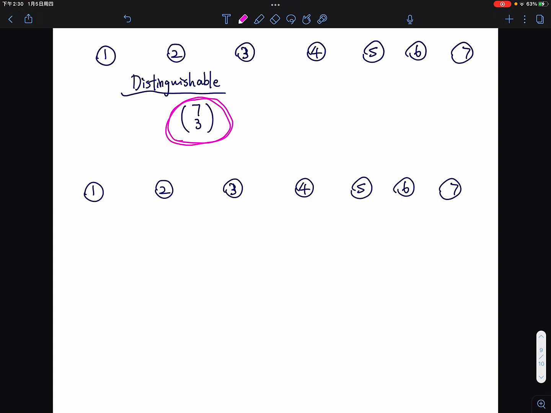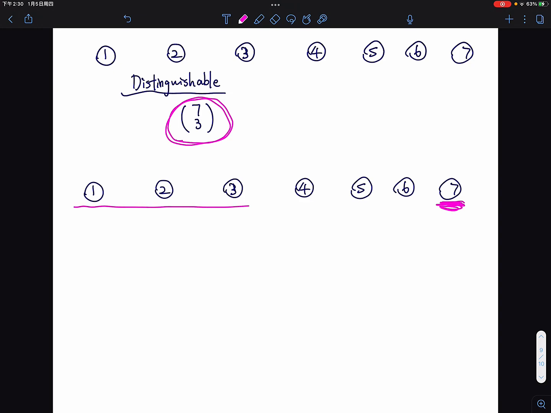So I'm going to start from the ball with the highest number, which is 7, right? And let's say 7 is the number that has to be chosen, so this number has to be one of the three balls chosen. And what are we left with?